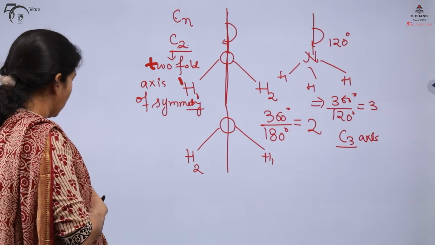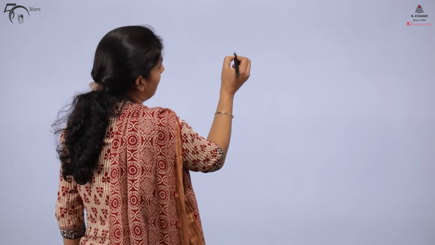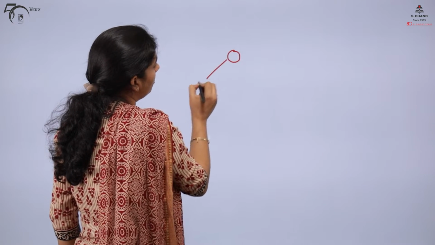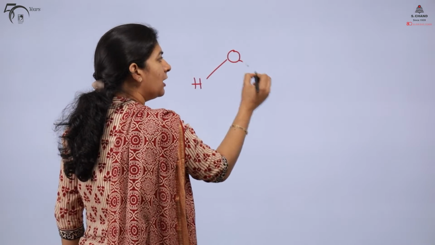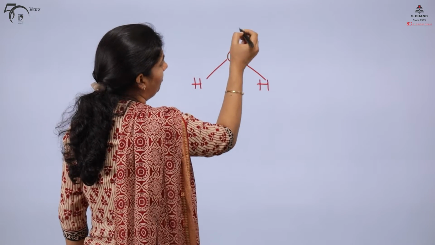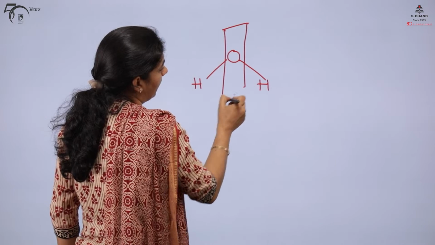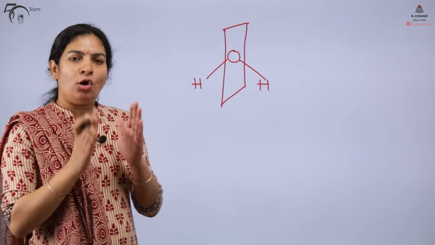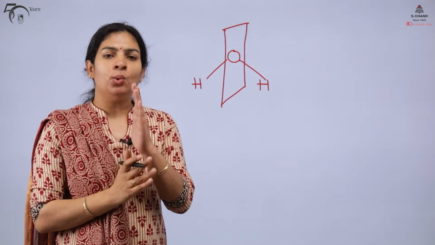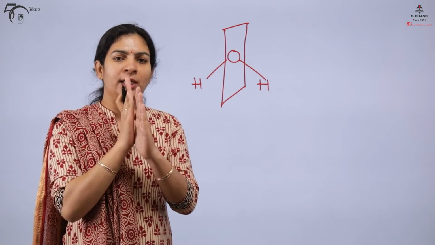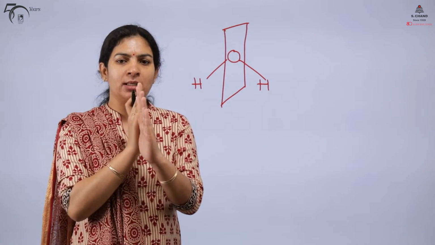Before that, let us understand what a plane of symmetry is. Again, let us take the example of the water molecule. Now instead of a line, we have a plane. So let's say this is a plane. A plane of symmetry is a plane which divides the molecule into two identical halves.